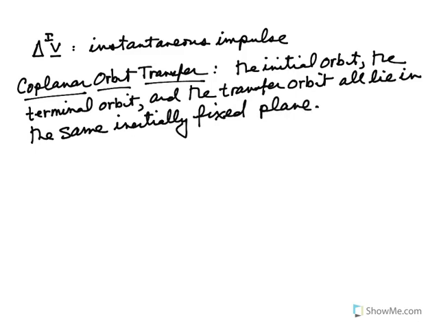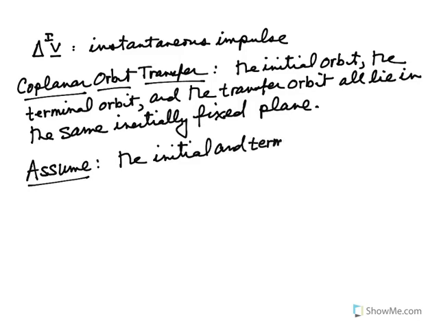So this diagram actually can be made really nice and simple if we do one more thing. We're going to assume that the initial and terminal orbits are circular.